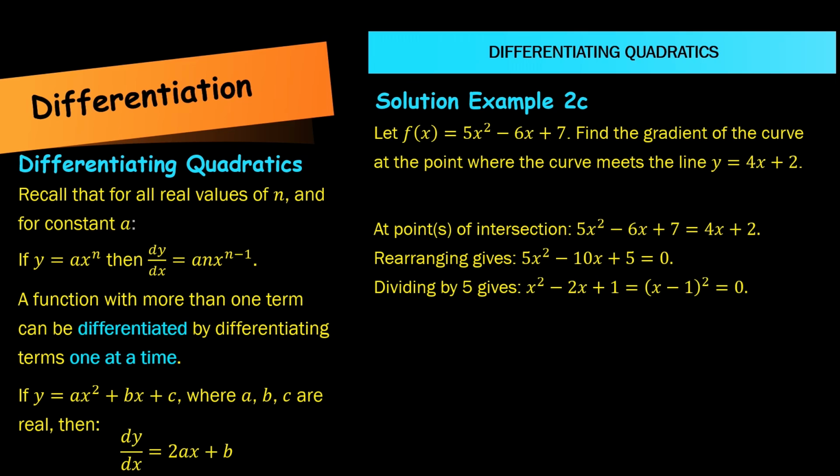And then dividing by 5, and factorizing gives x minus 1 all squared equals 0. So at the point of intersection, x is equal to 1, because this is the only solution for this particular equation.